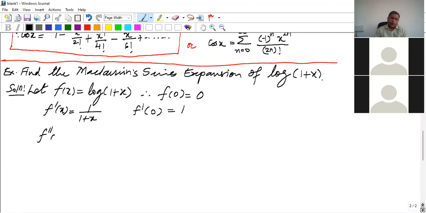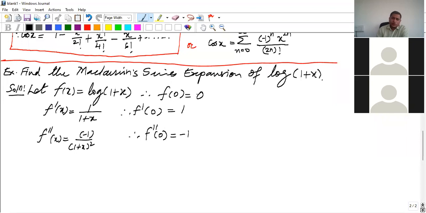What will happen to f double dash at x? It is minus 1 upon 1 plus x bracket square. Is that okay? Yes, sir. And hence, what will be the value of f double dash at 0? It will be minus 1.